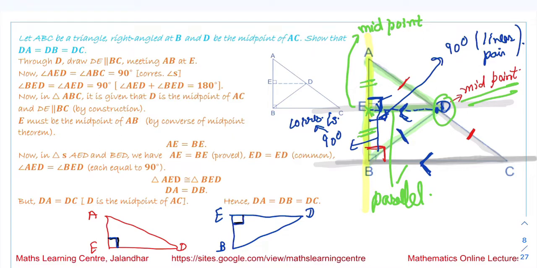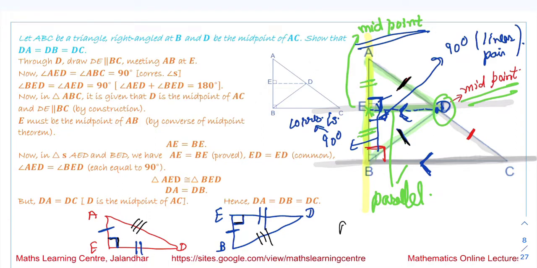Next thing, we have already seen that AE is equal to EB. This is by the midpoint theorem. This ED is the common side over here. So both these triangles are congruent to each other. And if these two triangles are congruent, then AD and BD are equal.